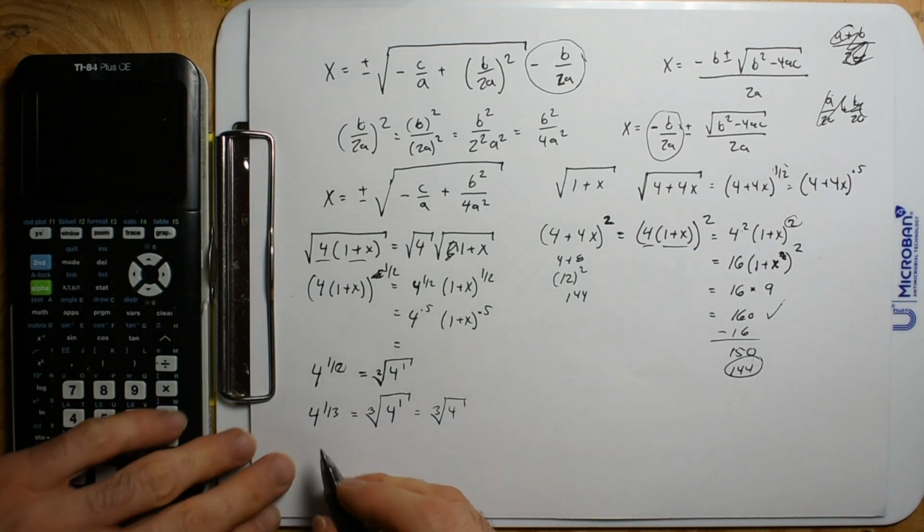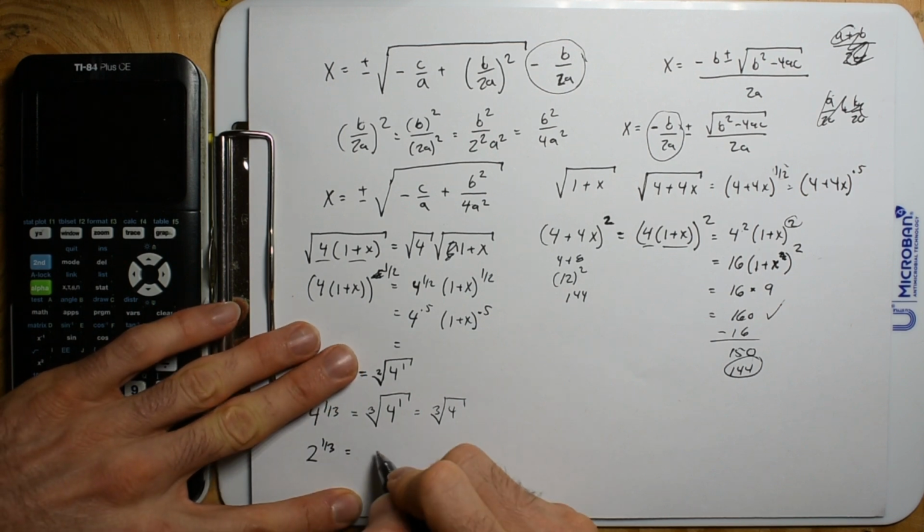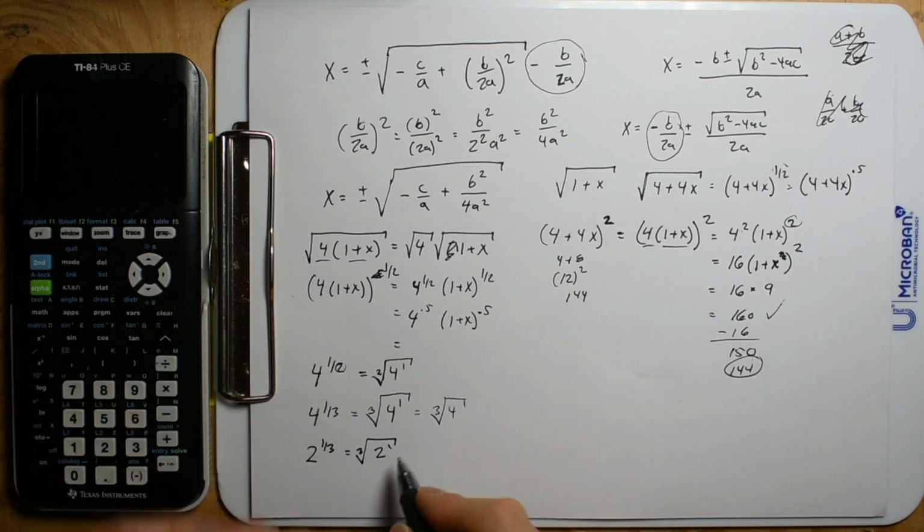Alright, let's do one that actually makes sense. So 2 to the 1/3 is going to be 2 to the 1, that's just 2, but then we have the third root, the cubed root of 2.